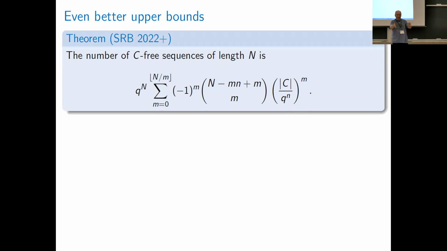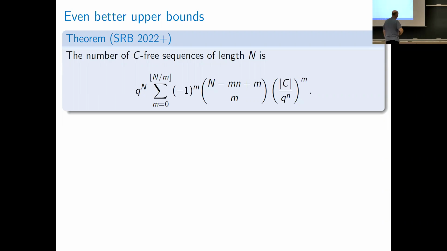If you've got, let's say, m positions, and you know your code words appear starting at those points, you first of all choose those code words. You then need to say, well, where do they occur in the sequence? So you choose some integers, which are the gaps between the occurrences of the code words, and that gives you a binomial coefficient. But there you go.